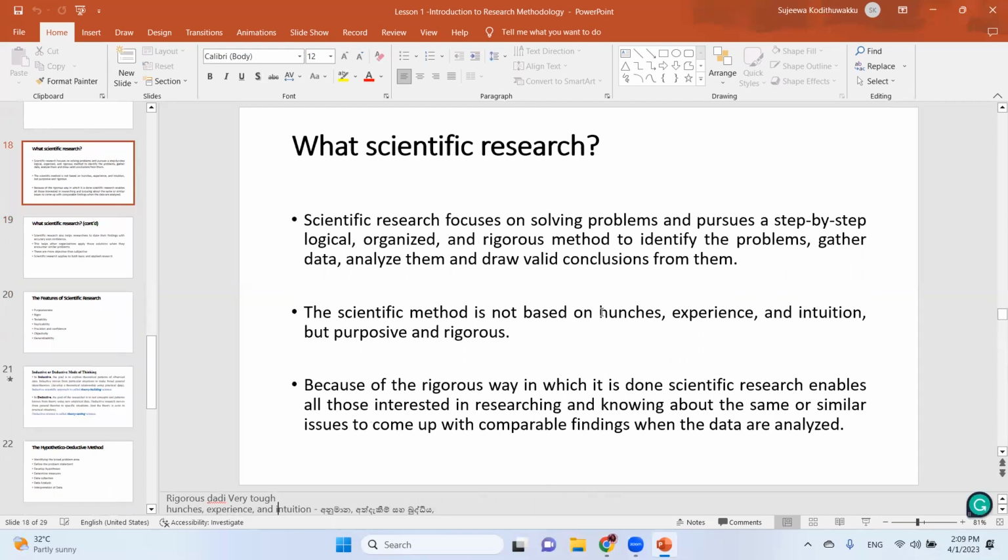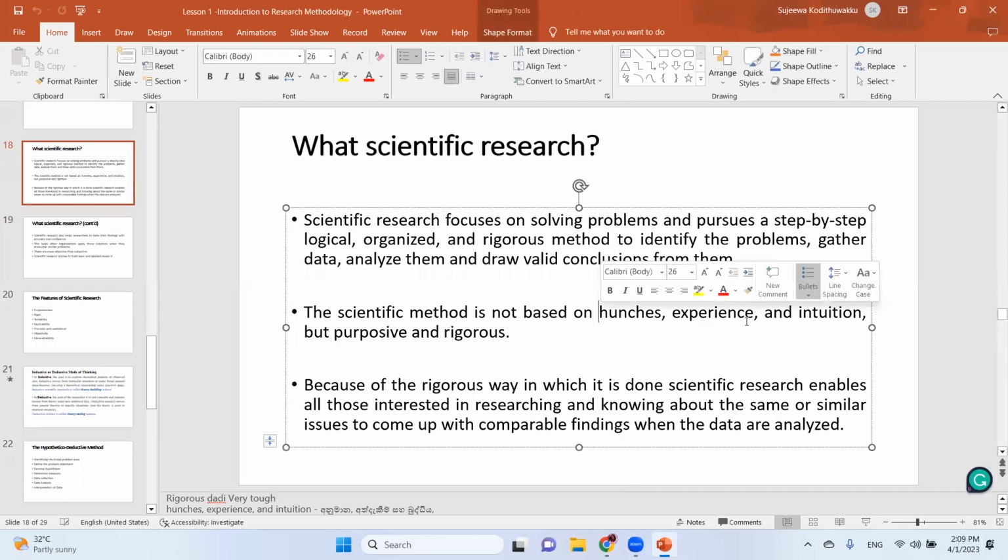Now, what do experience and intuitions mean here? Hunches means assumptions. You can't base it on assumptions.